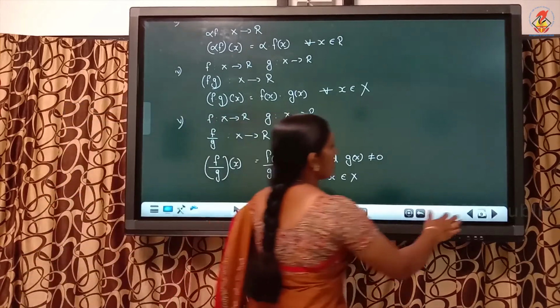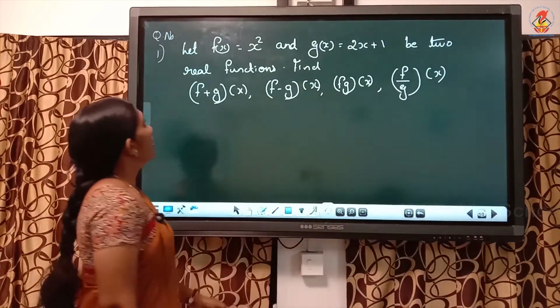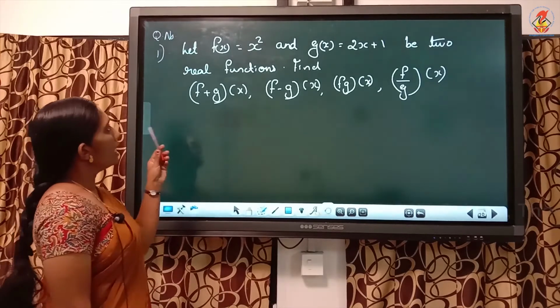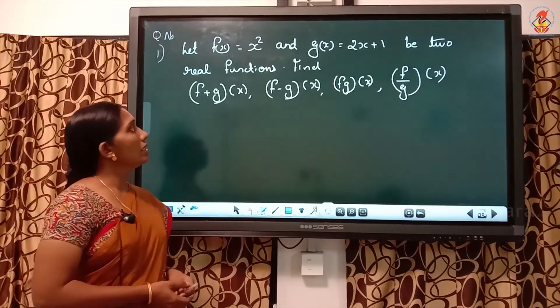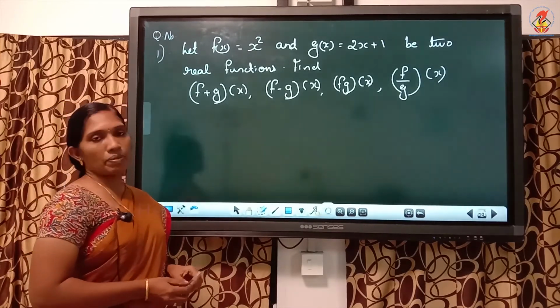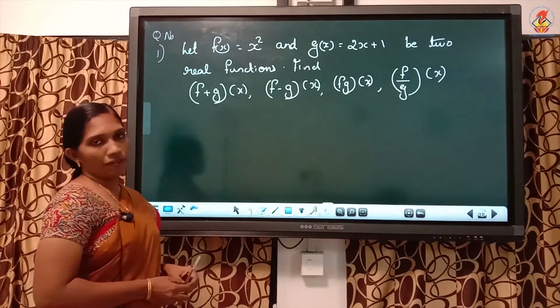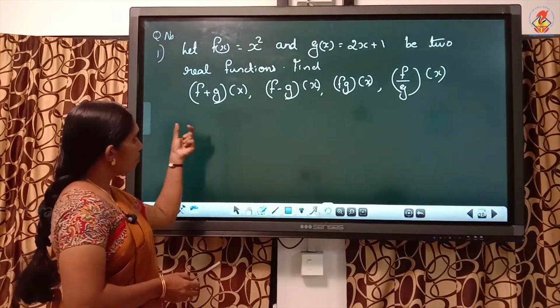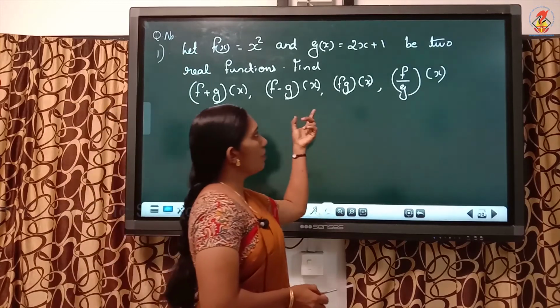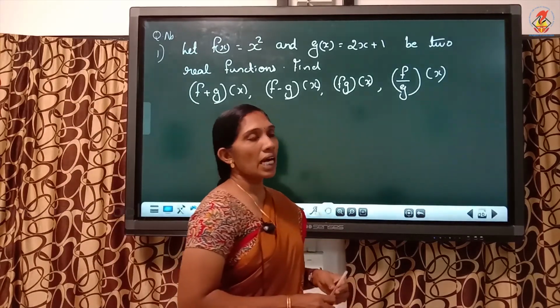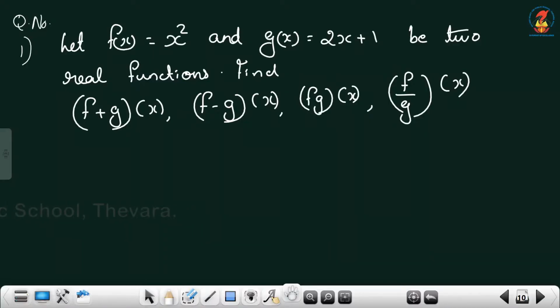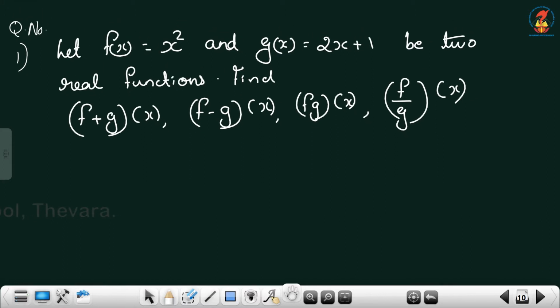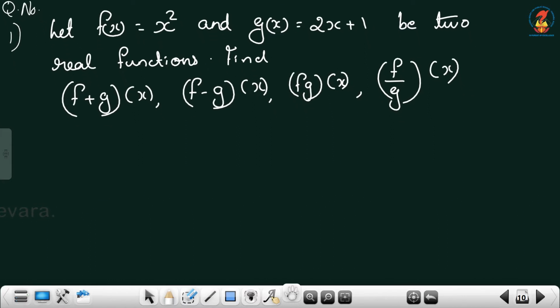Now we can see the example question. Let f(x) is x square and g(x) is 2x plus 1 be two real functions. Find (f plus g)(x), (f minus g)(x), (f into g)(x) and (f by g)(x). So first one, (f plus g)(x). How is it defined?